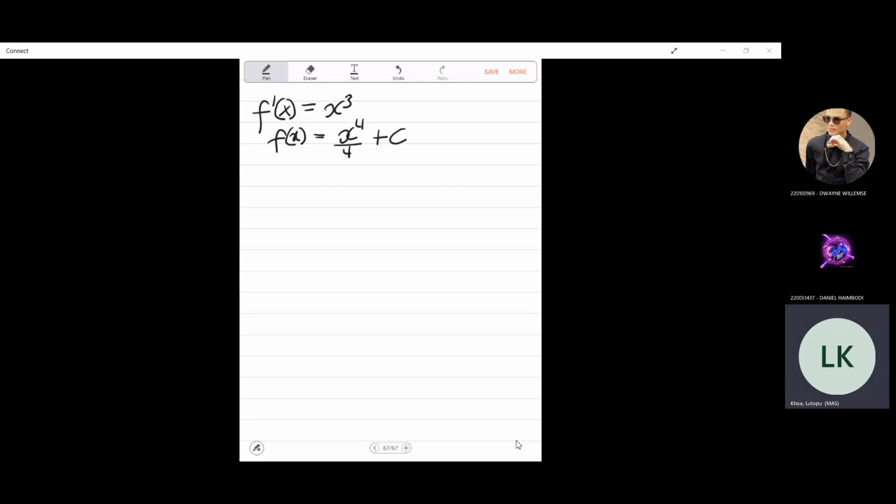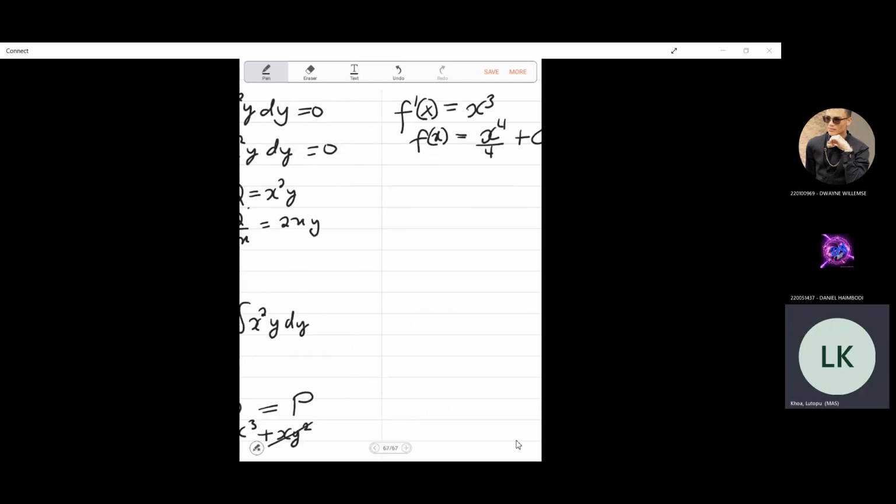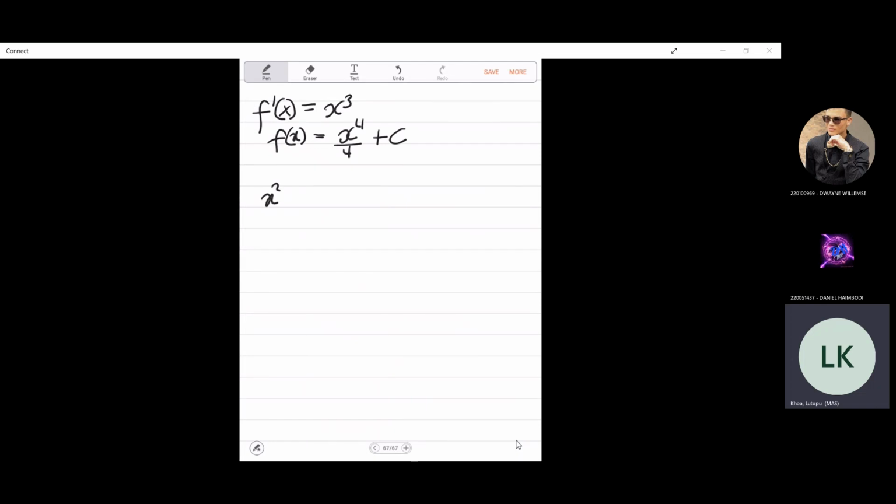So I have x squared y squared over 2, then I add my f of x, which is x to the power 4 over 4. And this is equal to c. So again, we can multiply out the denominators. So we have 2x squared y squared plus x to the power of 4 is equal to c.